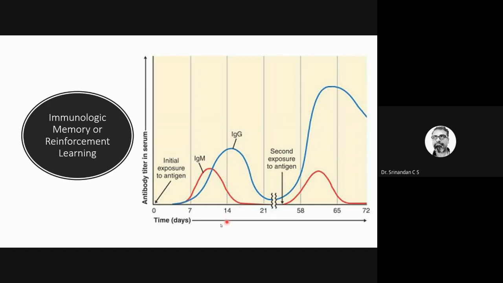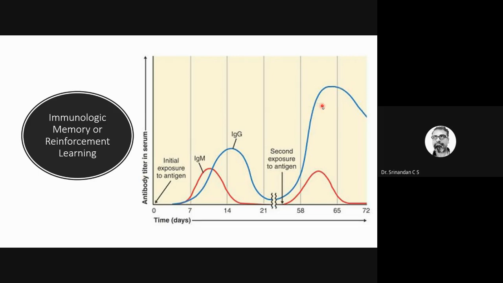This will go down. These are over time, in one week, how these things will happen. Then IgG will come down. Solely, this is one example. In vaccination, we take the booster dose, the second dose. When that is given, you can see the quantity, the titer it is called, will be very high.